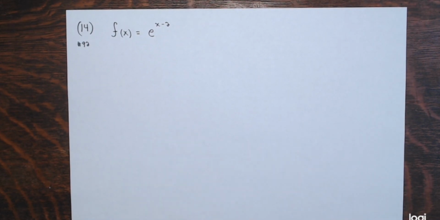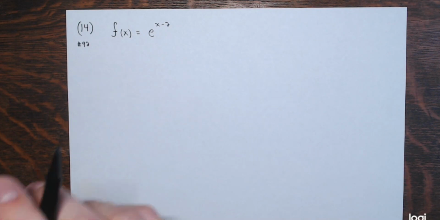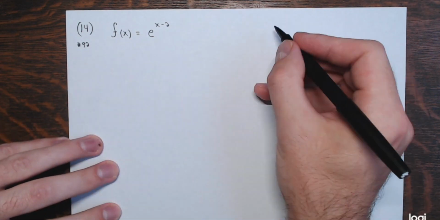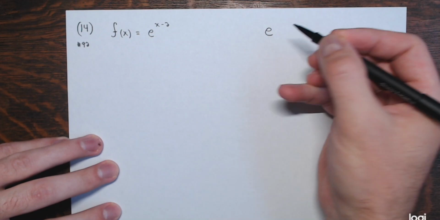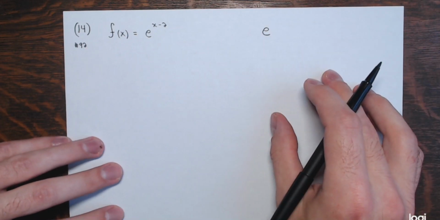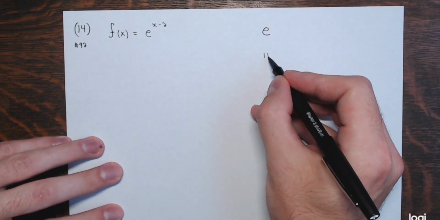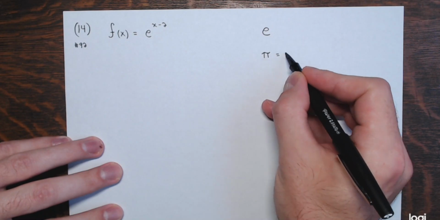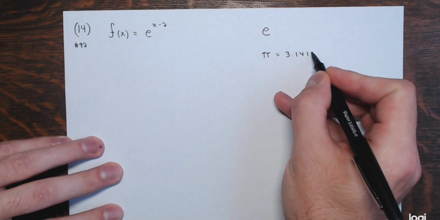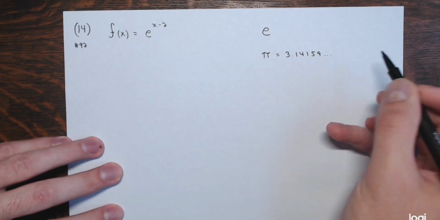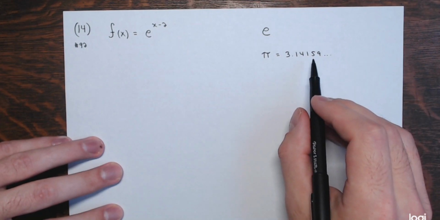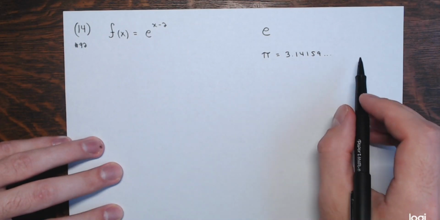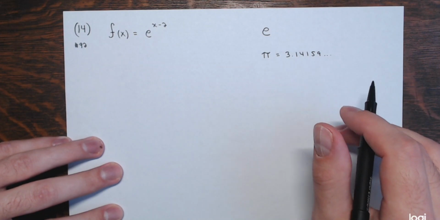Now, e in mathematics, it's a symbol like pi. You remember pi? Pi is equal to 3.14159. It's one of those irrational numbers where the decimal goes on forever and no pattern repeats forever.